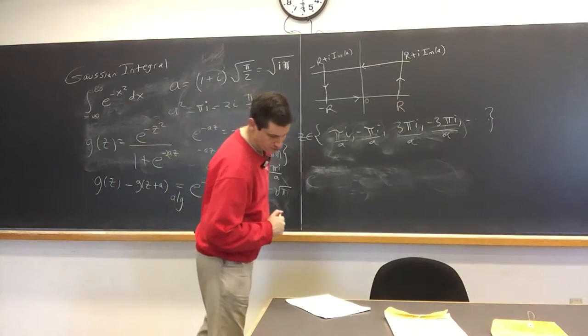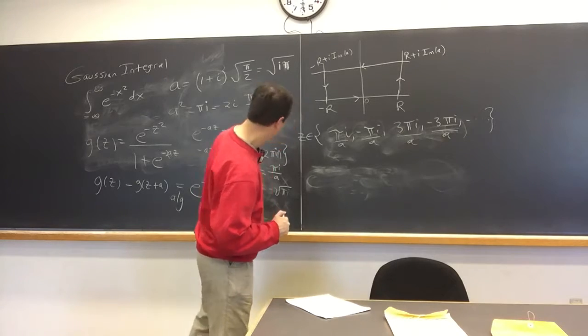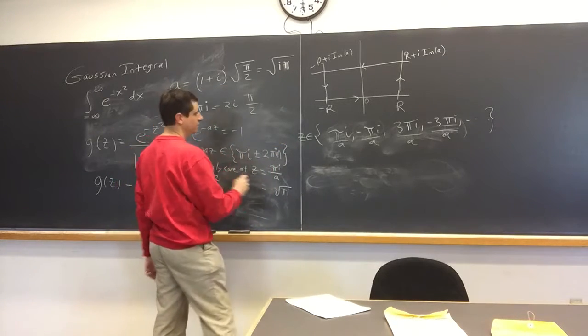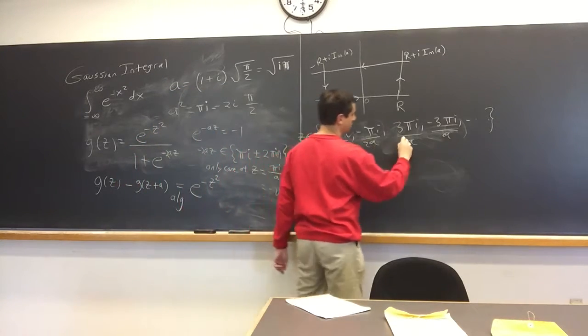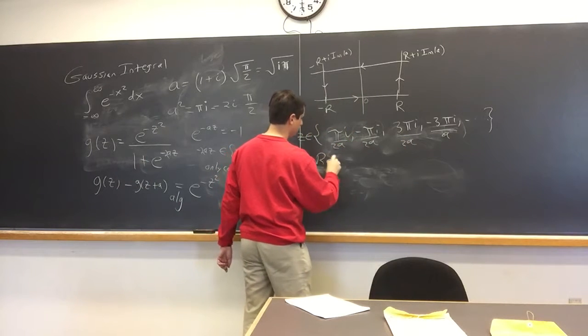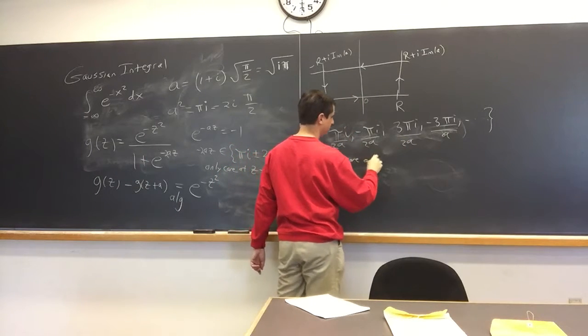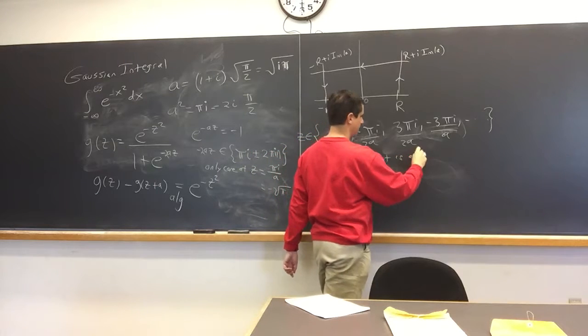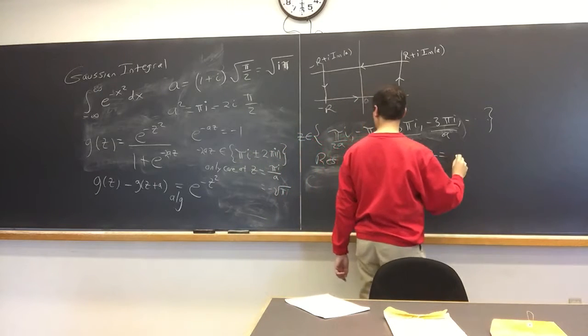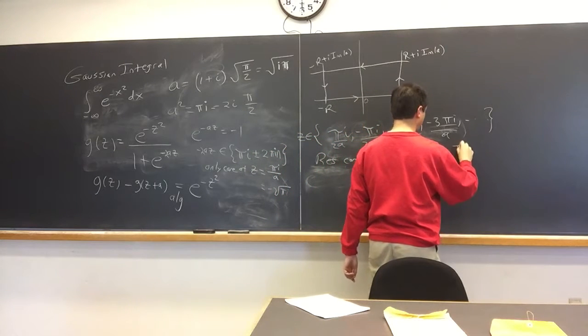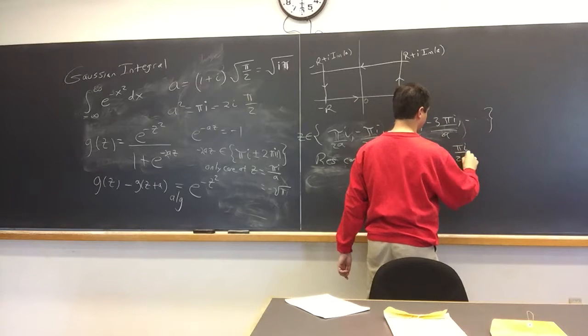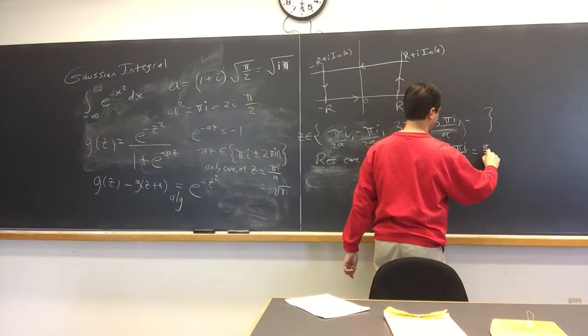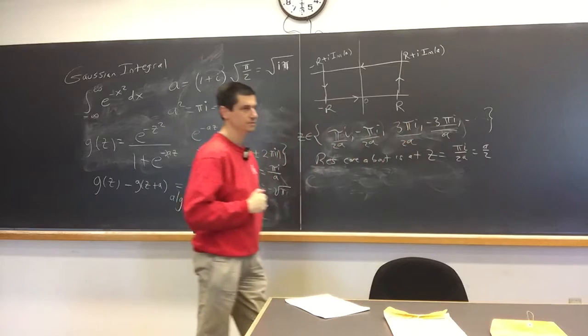There's a 2 over here which they need for the cross terms. So we would want a 2 over here, and then we just put a 2a down here. And so the only residue we care about is at z equals pi I over 2a, which is a over 2, because pi I is a squared.